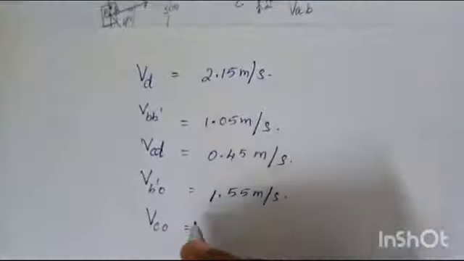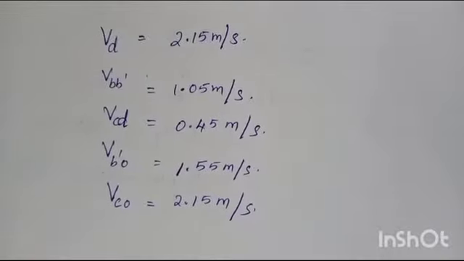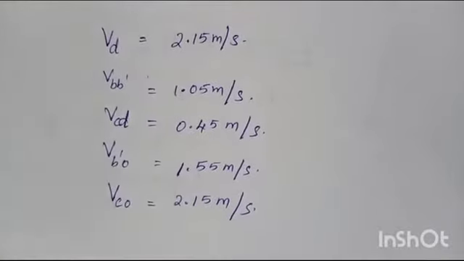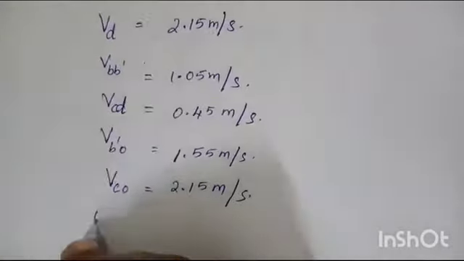Now they ask, in the question, for the angular velocity of the slotted lever, and the angular velocity and acceleration of the ram. So the angular velocity of the lever, omega CO, is nothing but V equals R omega, so VCO divided by CO, the link length.